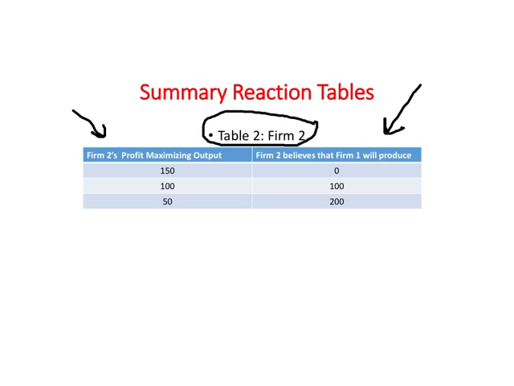For example, when firm 2 believes that firm 1 will produce nothing, in such a case the profit maximizing level of output for firm 2 will be 150. When it assumes firm 1 will produce 100 units of output, the profit maximizing level of output for firm 2 will be 100, and in this way we have this reaction table for firm 2 as well.